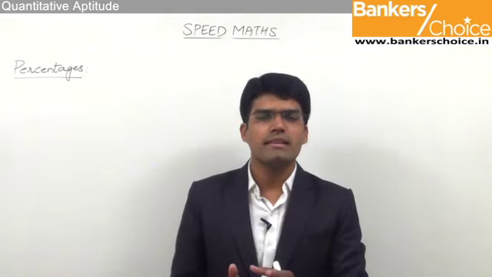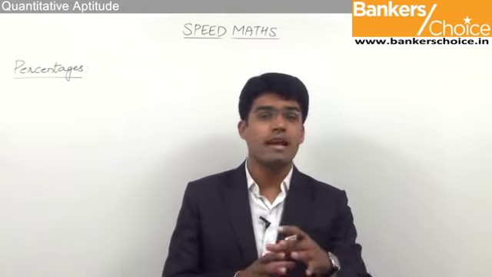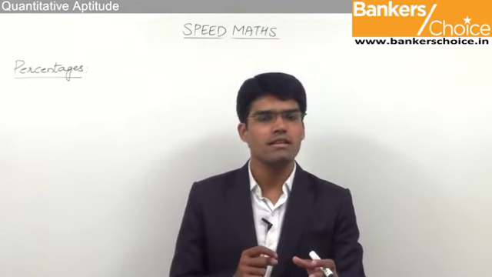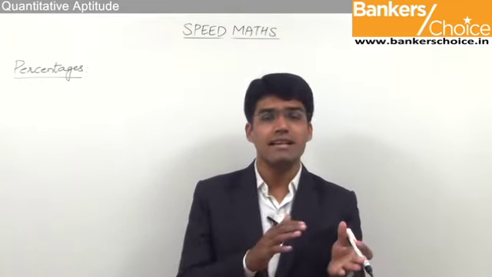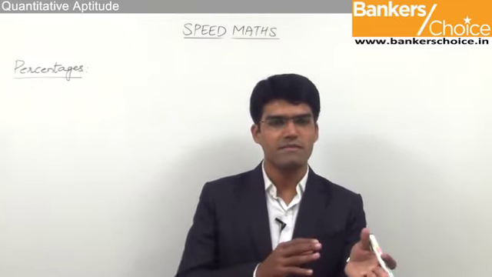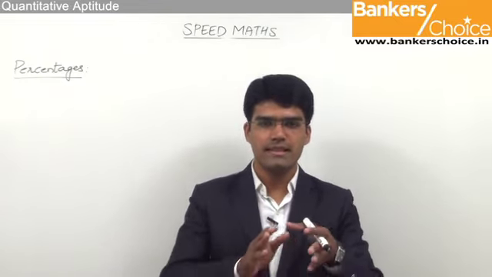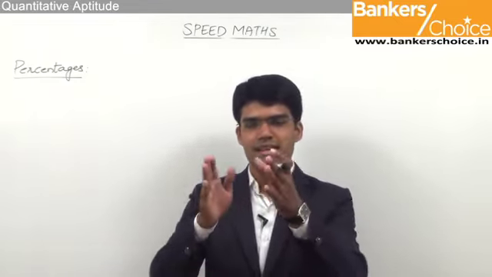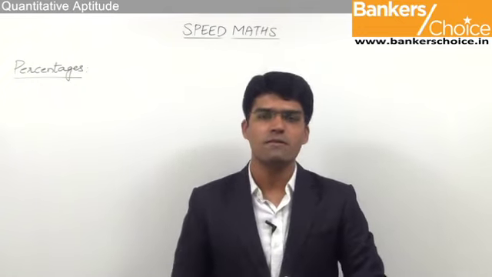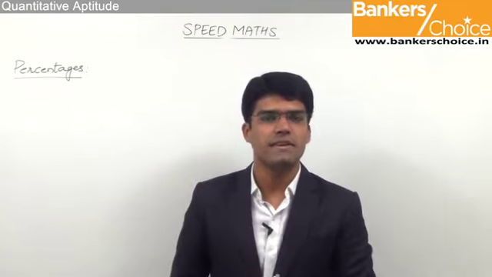So this is how we can calculate 50%, 25%, 10%, 1% and so on very easily. Why? Because we know what these percentages are in terms of fractions. 50% is 1 by 2, 25% is 1 by 4, 10% is 1 by 10. So as you can see here, each of these percentages is very clearly known to us in terms of its fractions. So that is the reason we are able to do the calculations very fast.